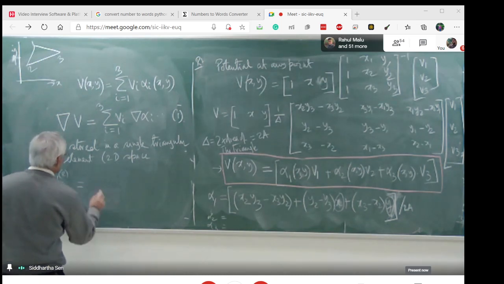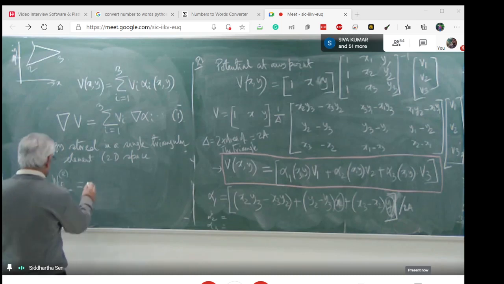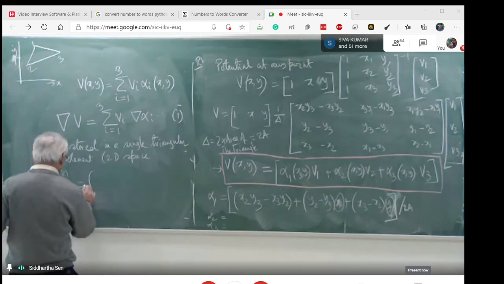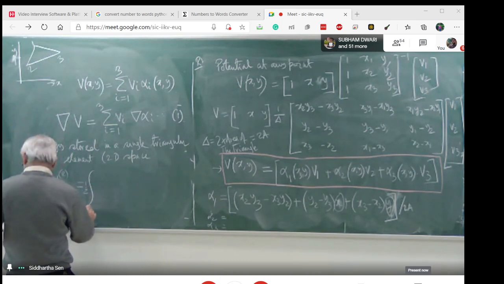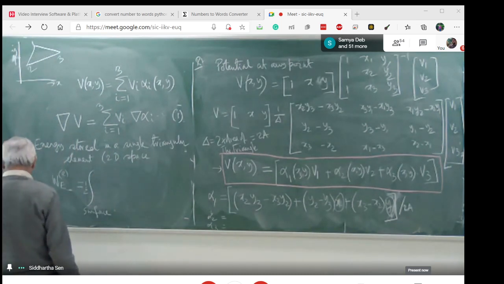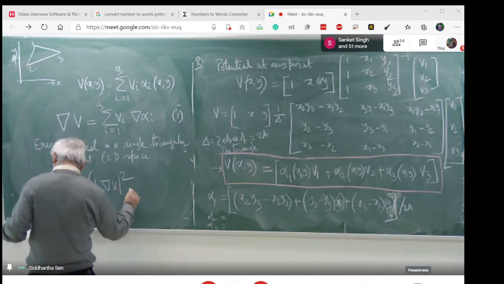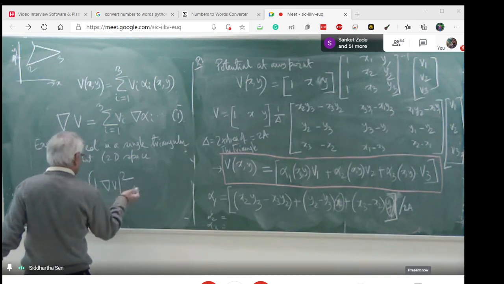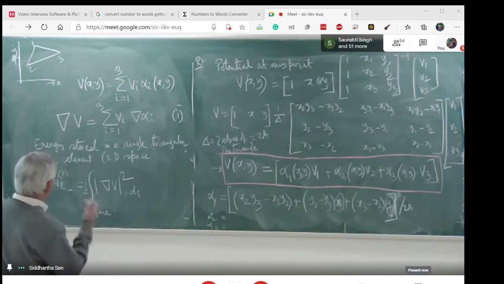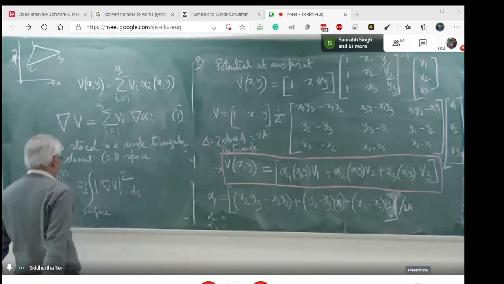What will I write? We know this is equal to half of the volume integral, but because it's a 2D element, instead of volume it is a surface integral, that is nabla V square ds, because nabla V square is a scalar and this is also a scalar.